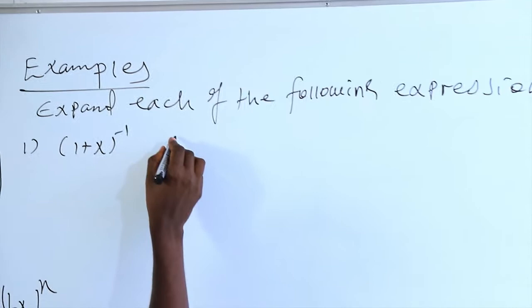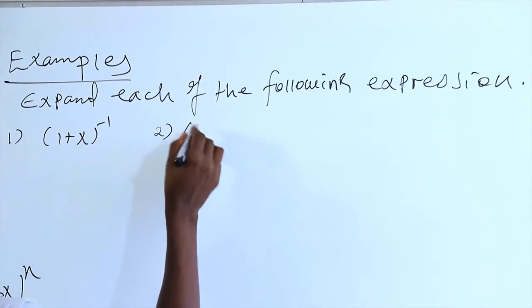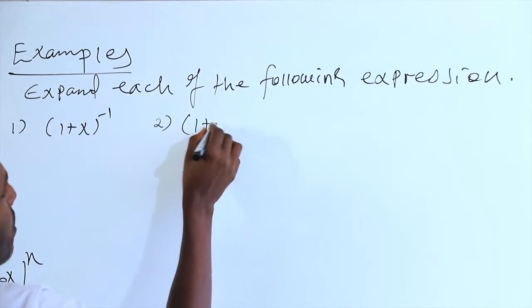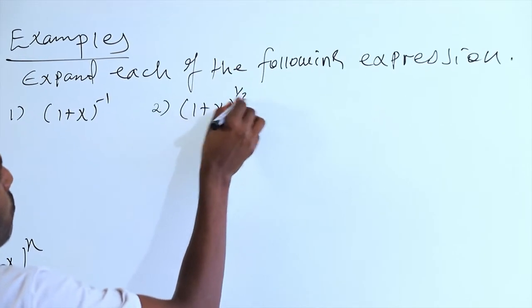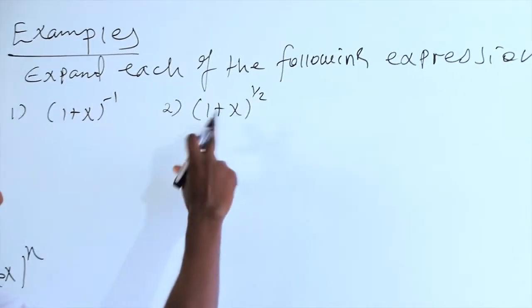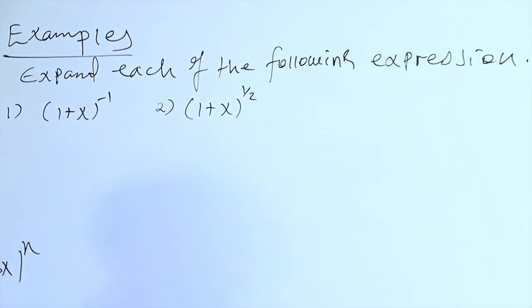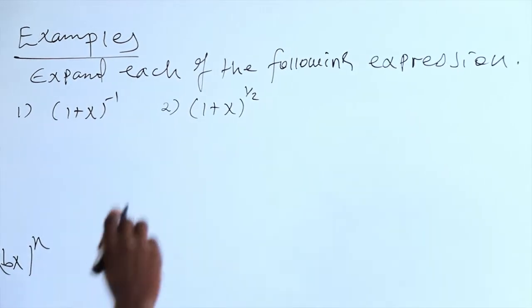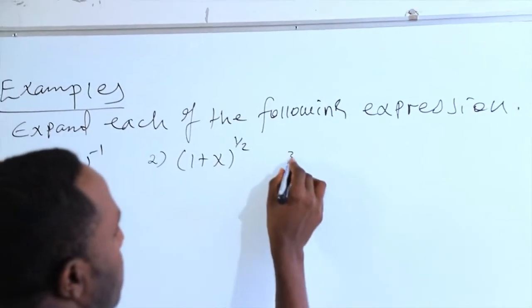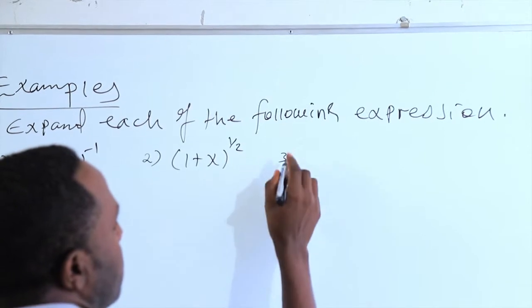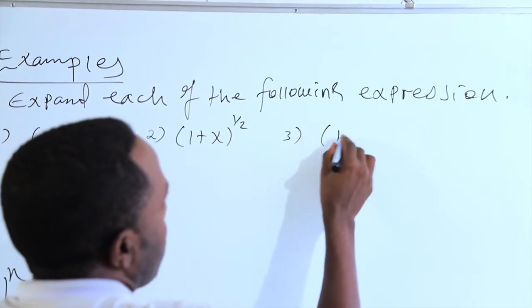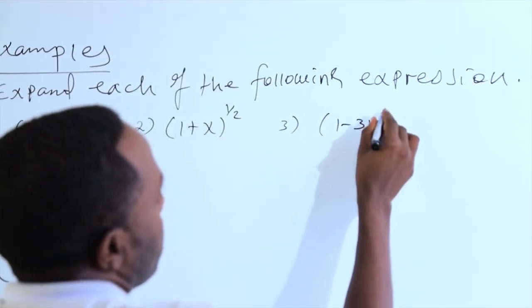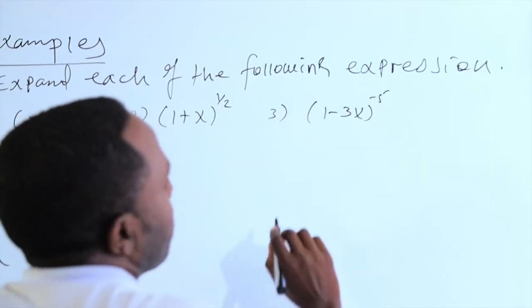The second is 1 plus x to the power of half, or simply the square root of 1 plus x. We can expand this. And the third part is 1 minus 3x to the power of minus 5.